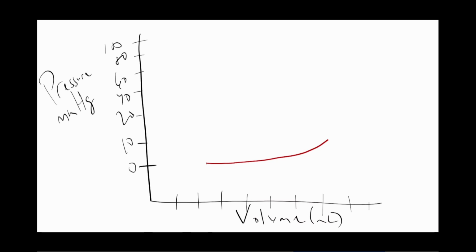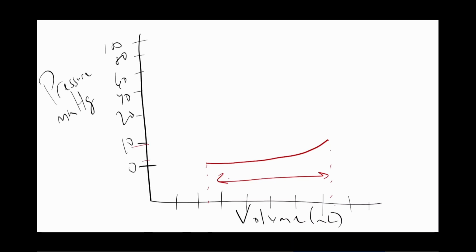So now let's look at this. That is the volume change. Volume is going up, right? As we go from left to right, the volume is increasing, right? So that line goes all the way across. Now, let's look at the y-axis.